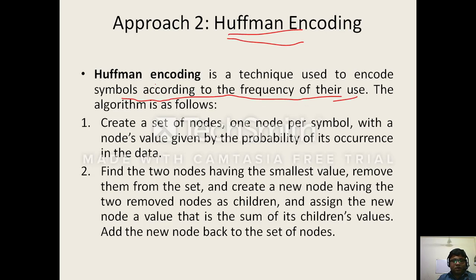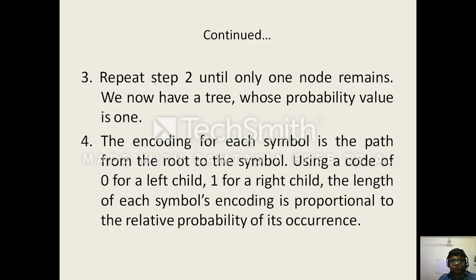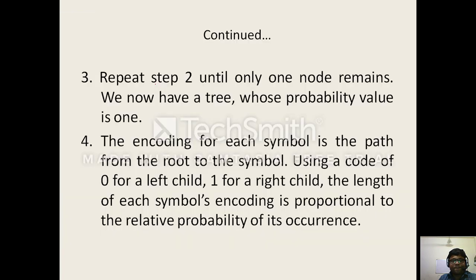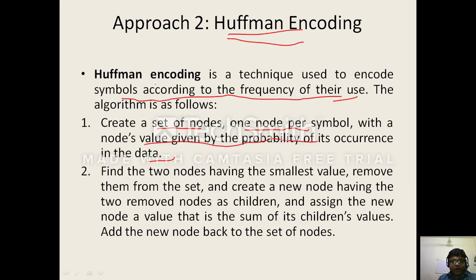Okay, now come to the concept. In step 1, create a set of nodes, one node per symbol, with the node values given by the probability of its occurrence in the data. Initially we have done this here. In step 2, find the two nodes having the smallest values, remove them from the set, and create a new node having the two removed nodes as children, assigning the new node a value that is the sum of its children's values.